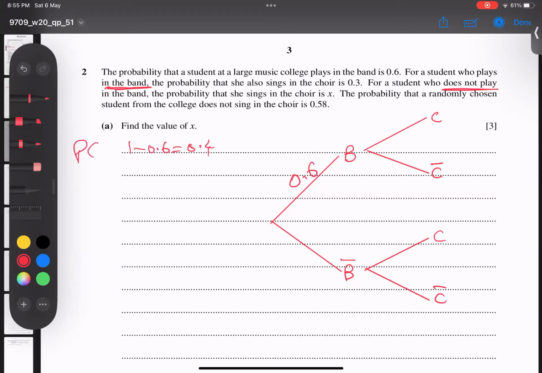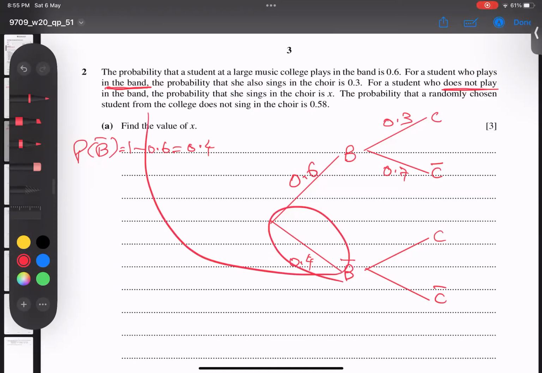So the probability of not band, 0.4, comes here. In the case of a student in the band who sings in a choir, it is 0.3. So 0.3 comes in the upper part, and you know it very well, 1 minus that is 0.7. Okay, next line says: the probability that a randomly chosen student from the college does not sing in a choir. One minute, before I missed one line: does not play in a band.